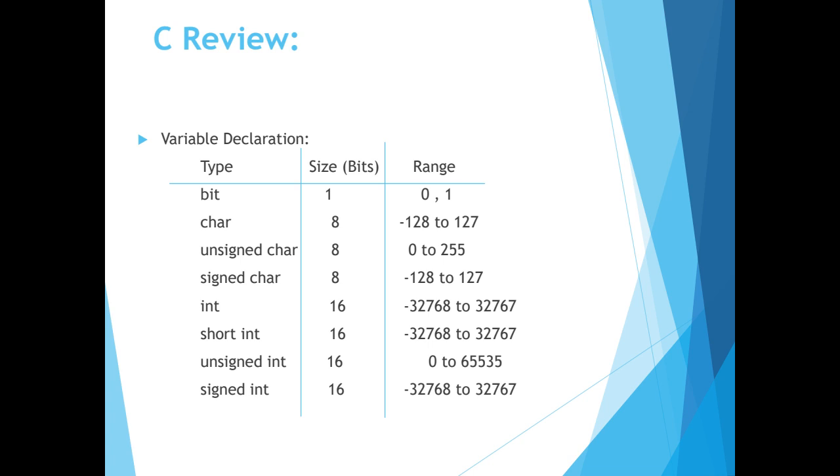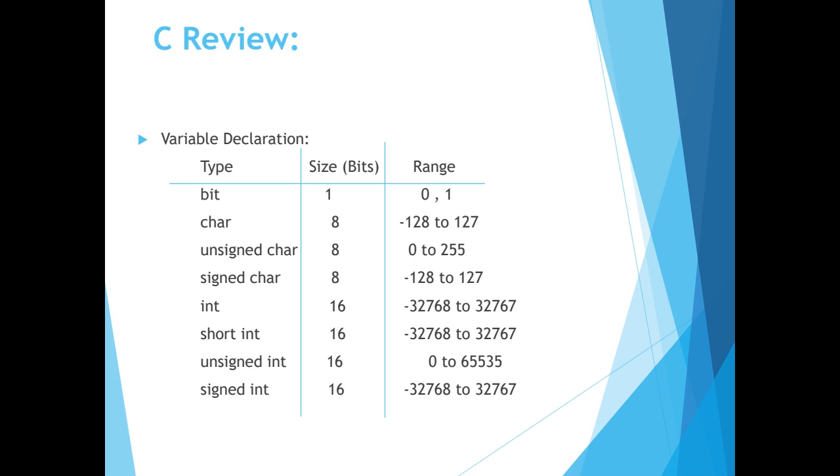Actually, in C programming, variables which are to be used later in different parts of the function have to be declared. Variable declaration tells the compiler two things: the name of the variable and the type of data that the variable will hold.